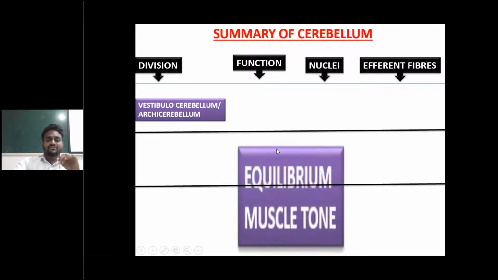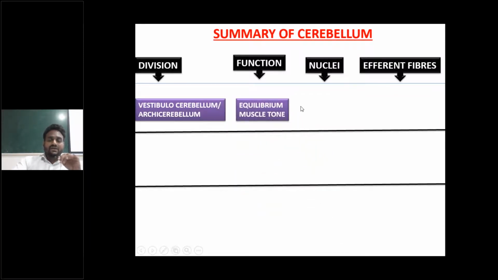First you see the vestibulocerebellum, the first division, also called archicerebellum. What are its functions? Equilibrium, maintaining muscle tone, and maintaining erect posture.